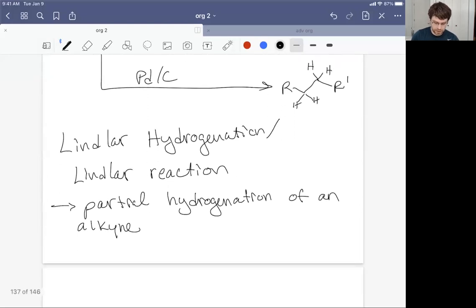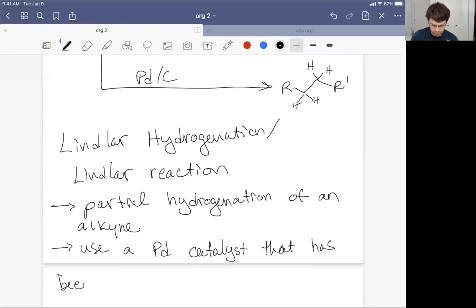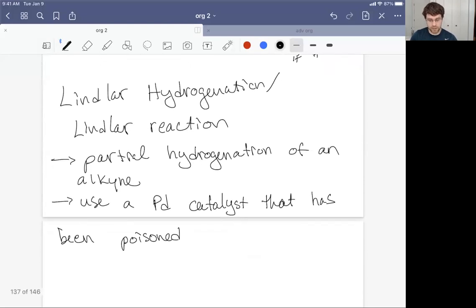And the way this works is we use our typical palladium catalyst, but we poison the palladium catalyst. And so the poisoned palladium catalyst is less reactive.